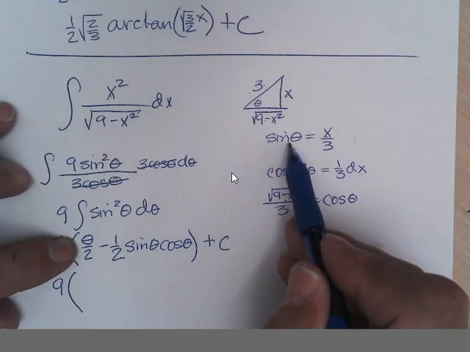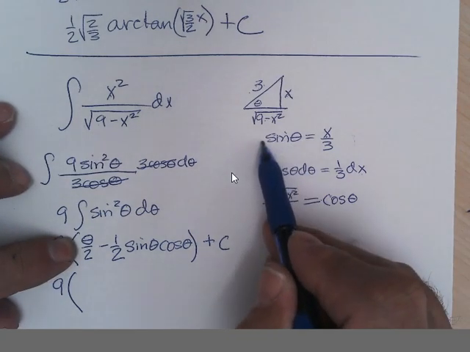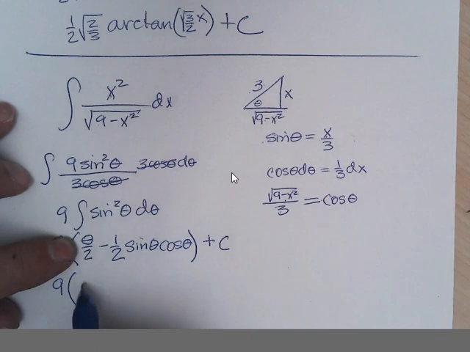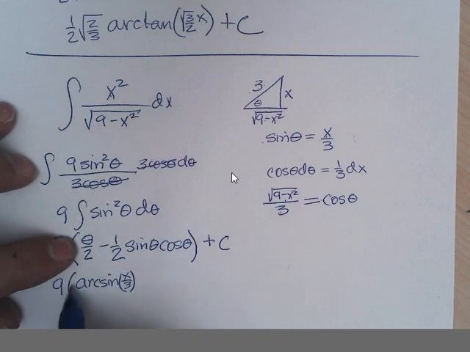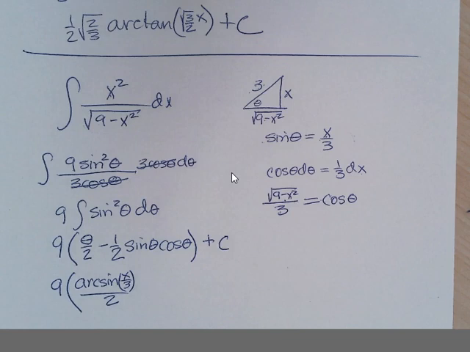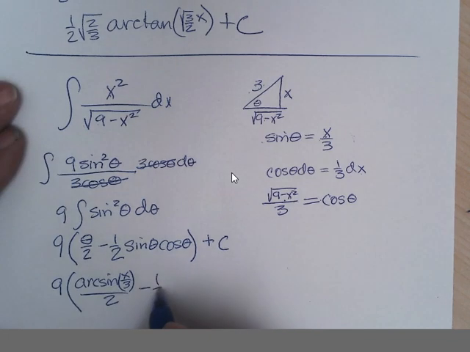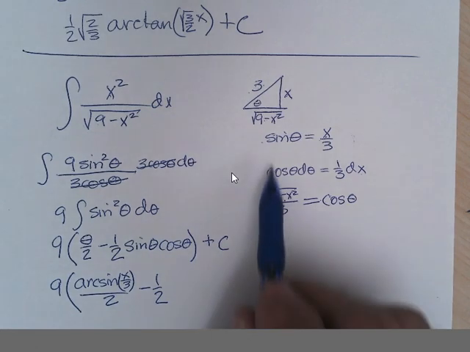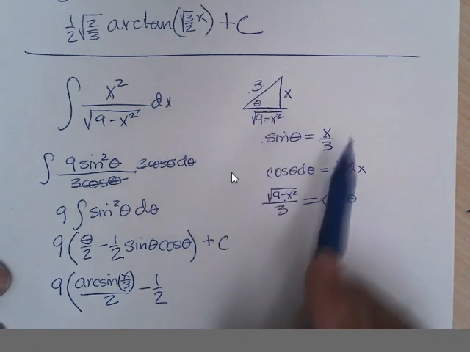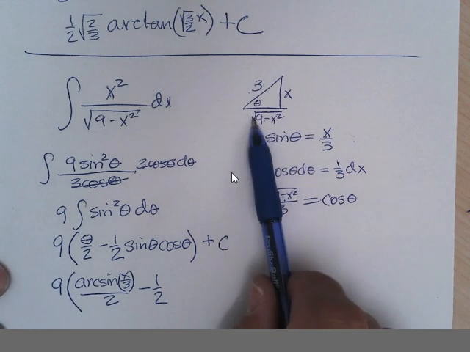Looking at what we made it, we have to take the arc sine of both sides, so it's going to be arc sine of x over 3 over 2, or 1/2, however you want to write that. 1/2 times the arc sine of x over 3, minus 1/2, what's the sine of theta? So I'm going to go back to my triangle and see what the sine is.